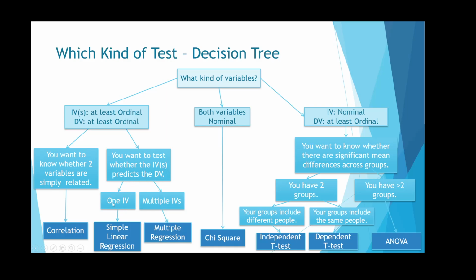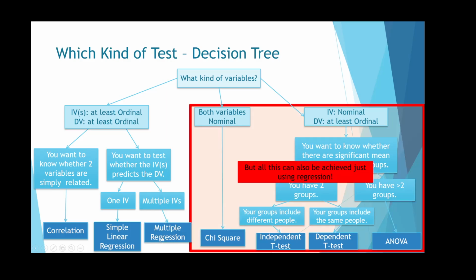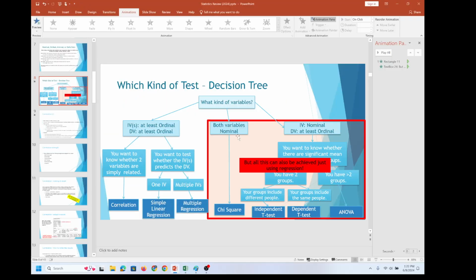If you have one independent variable, you're going to do simple linear regression. If you have multiple predictors, you're going to do multiple regression. But all of this really can be done using regression as well. So we talked about dummy coding. If your independent variable is nominal, create those new dummy coded columns and you can do a multiple regression. So yeah, that concludes regression.